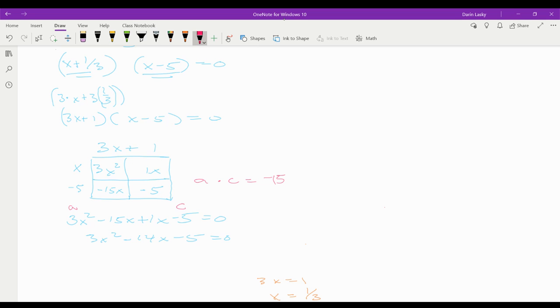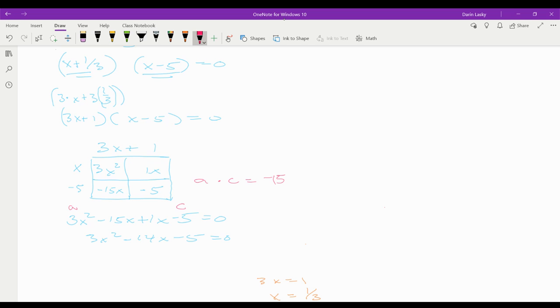A times C is negative 15. Now, one of the rules when we're factoring is that the factors of A times C need to add to make B.